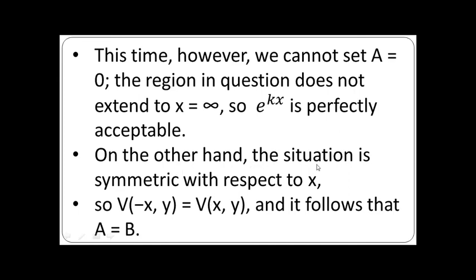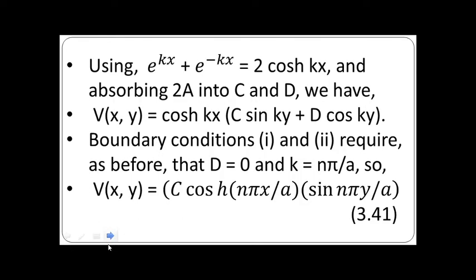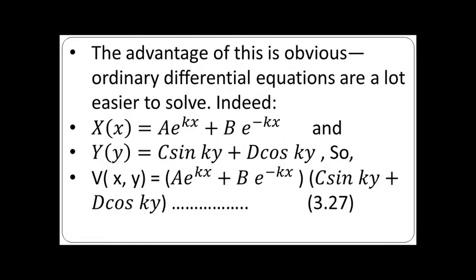On the other hand, the situation is symmetrical with respect to x. It means at x equal to plus b or x equal to minus b, the potential was V0, and that tells us that V of minus x, y is equal to V of plus x, y, and it follows that A is equal to B. So now if we substitute A equal to B in these equations, A can be taken out, and inside the bracket e raised to kx plus e raised to minus kx will be there.